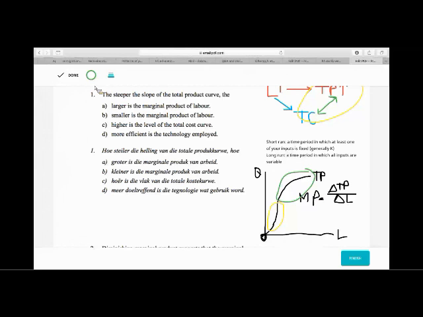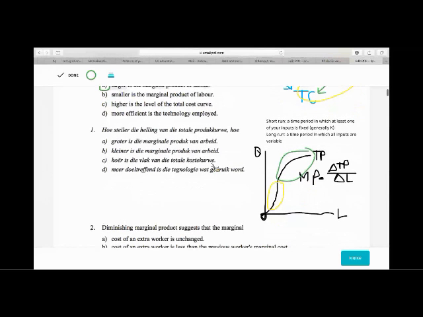So the steeper the slope of the total product curve, the larger the marginal product of labor. And that is because the slope of your total product curve is your marginal product. So when your total product curve is steep, your marginal product is high. When your total product curve is flat, your marginal product is low. Okay, so whenever we talk about the slope of the total product curve, we're talking about marginal product.